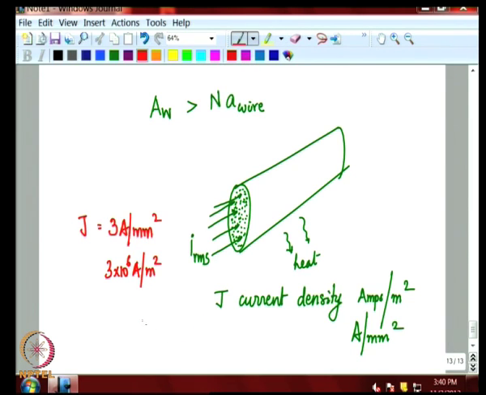However, you will find designers taking a conservative value of 2 amp per mm square for very high powers, up to 5 amp per mm square for very low powers. This will lead to copper being cooler, this will lead to the copper being hotter. You will have more I square R losses with a higher current density.